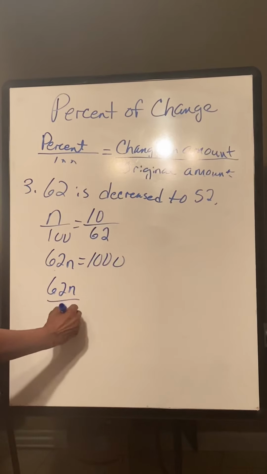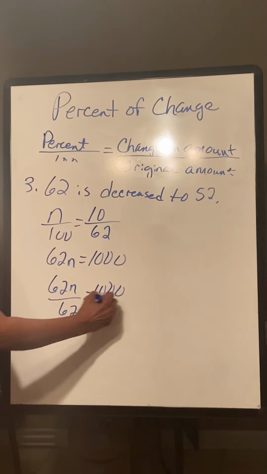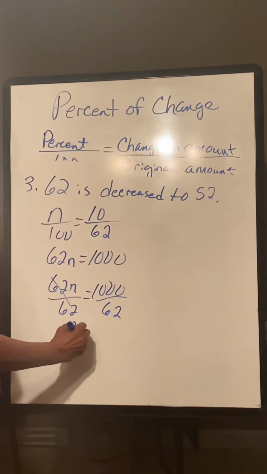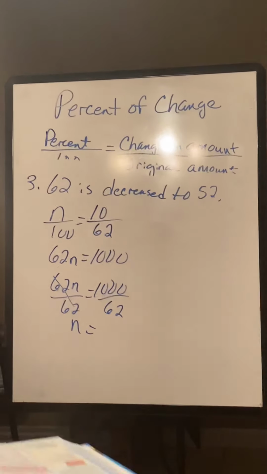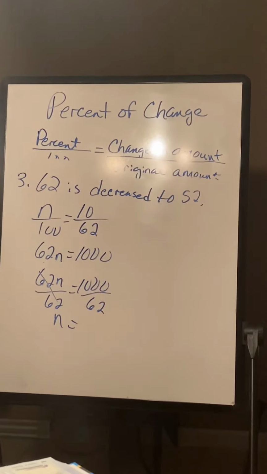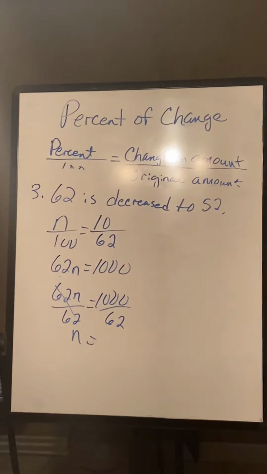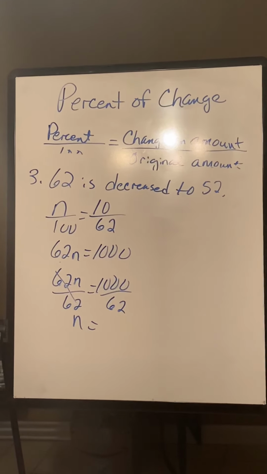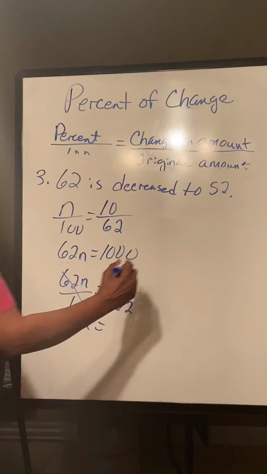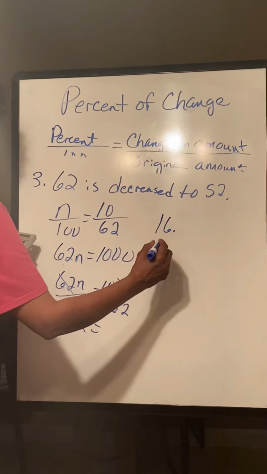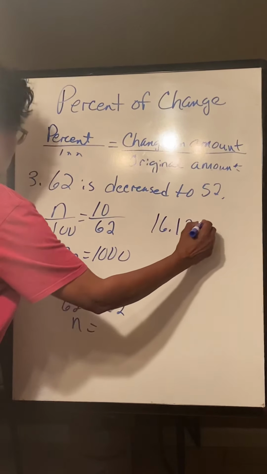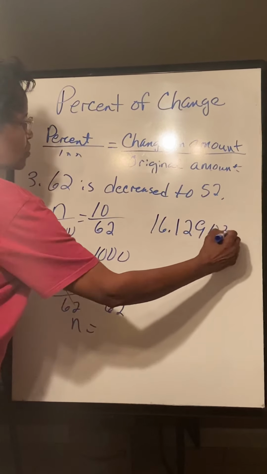Divide both sides by 62. And I want to show you what number you get when you do your division, so we'll make sure that we do that quick review on rounding. On the calculator, this is what I see, 16.129032.